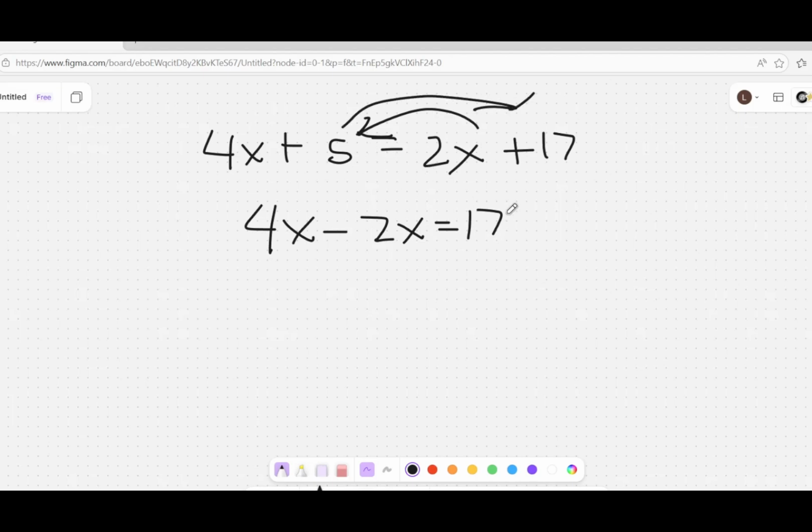So plus 5 will become minus 5, transposing it to the right side. So we'll solve this problem. 4x minus 2x, we copy the variable and simply subtract 4 minus 2. So we have 2x is equal to 17 minus 5, which is 12.